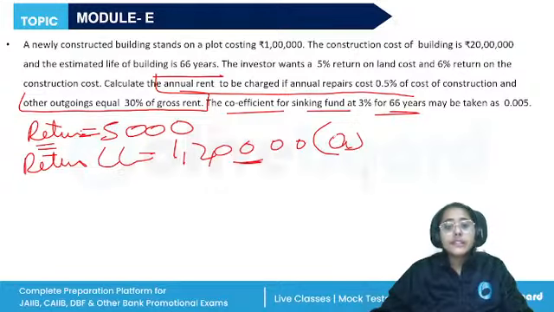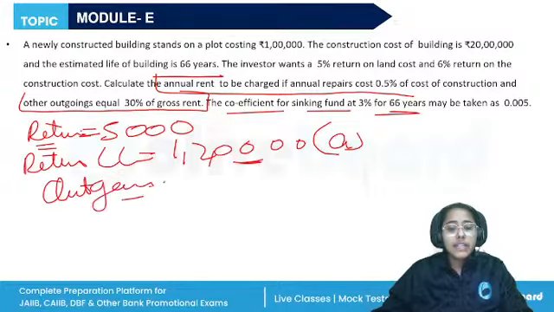Now, the outgoings will be calculated by the annual repairs. Annual repairs is given 0.5%. So 0.5% of 20 lakhs, the outgoings will be 10,000 rupees. And other outgoings we are given at 30% of the gross rent.